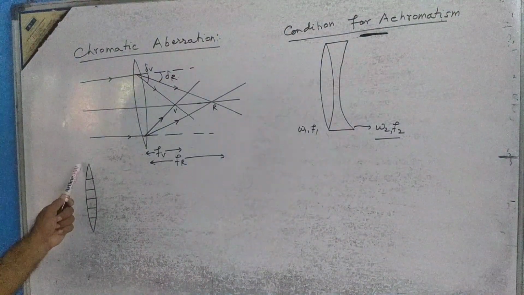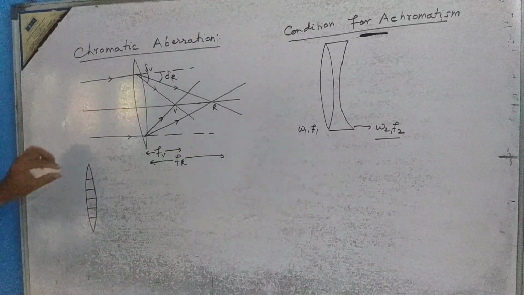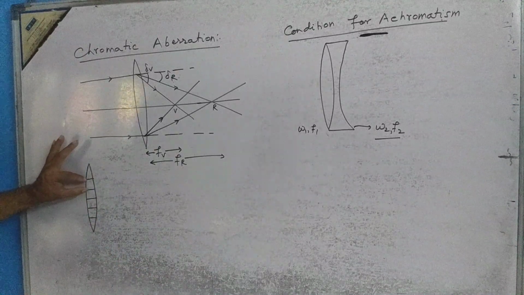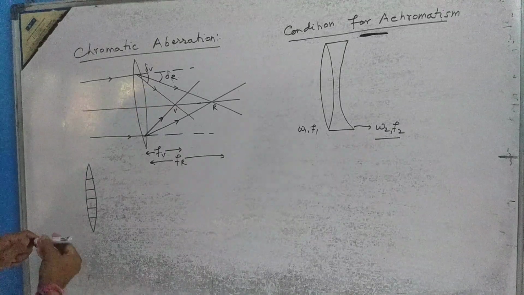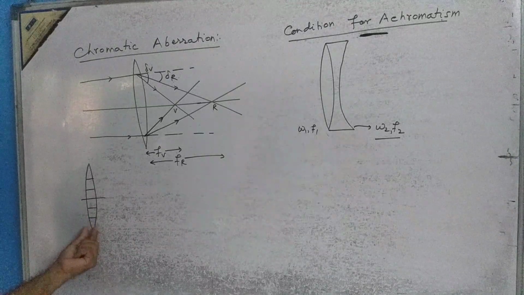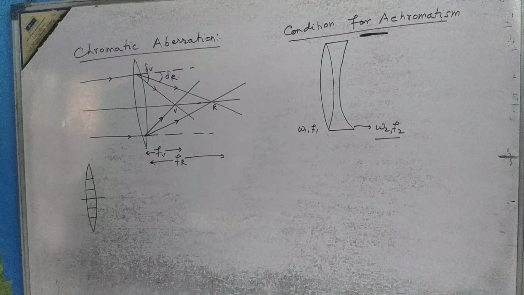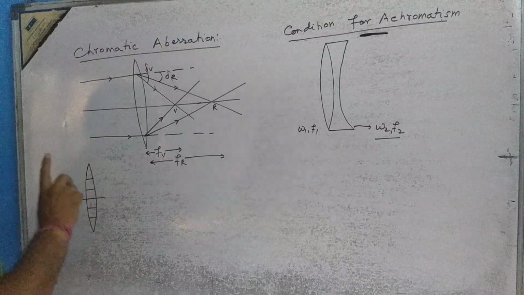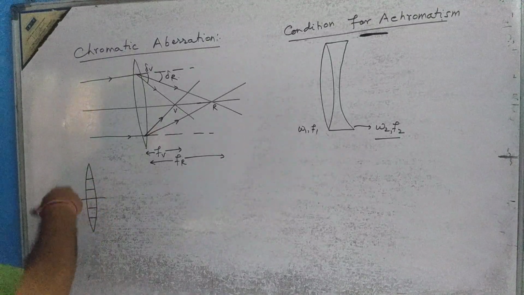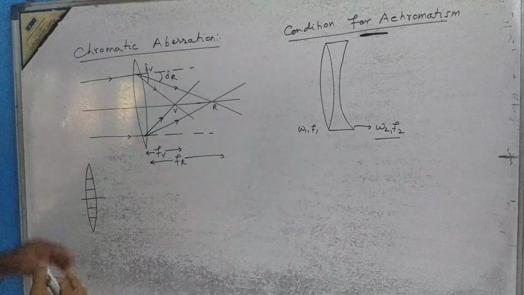In this figure, we can see that this lens is made up of a number of prisms. First prism, then second prism, the third prism. Here is the middle portion of the lens, and some other prisms are arranged in the opposite way.